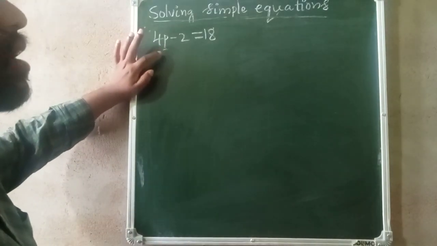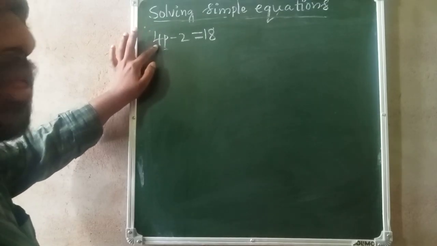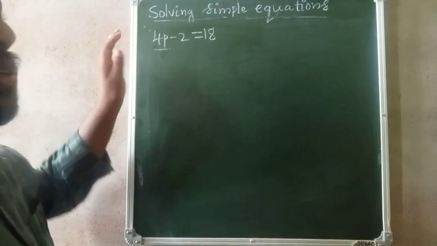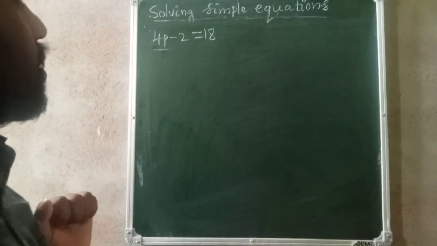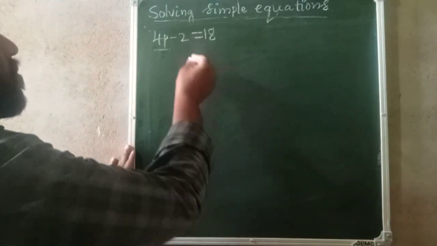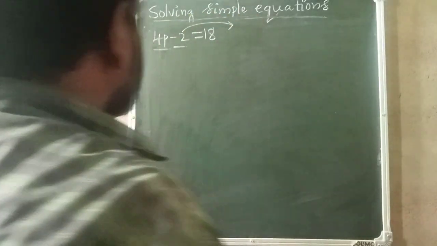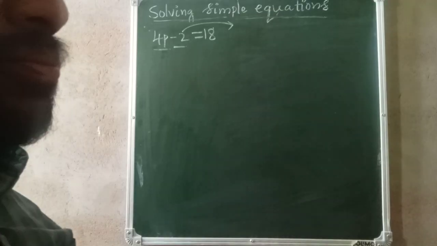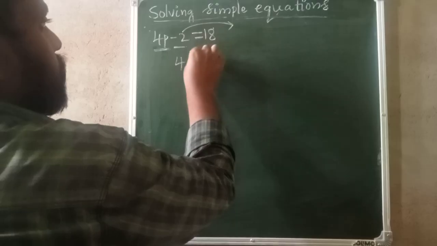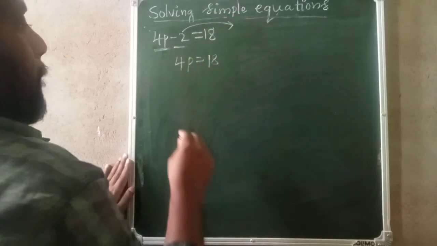Keep the p along with whatever is there, the 4, on one side, and whatever remains you have to move to the other side. So this minus 2 should be moved to this side. In the next step, before moving, write 4p is equal to, and write 18 as it is.